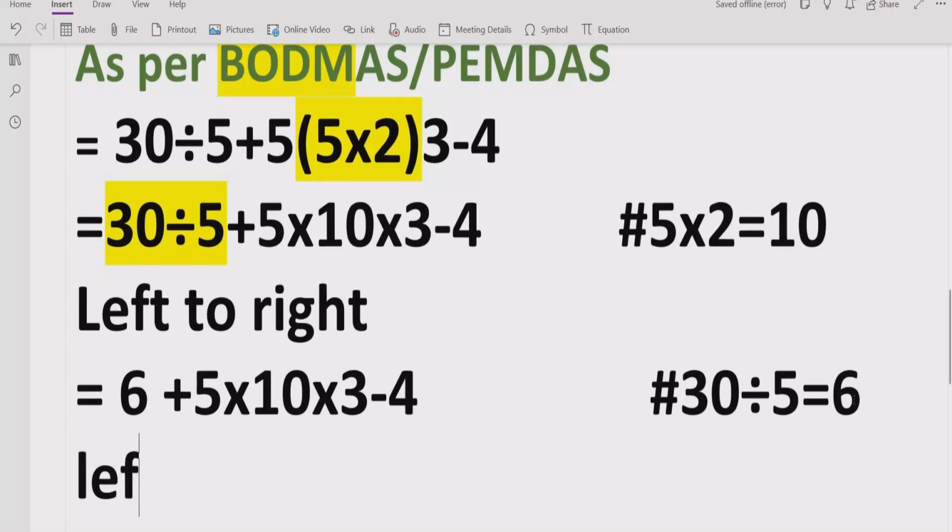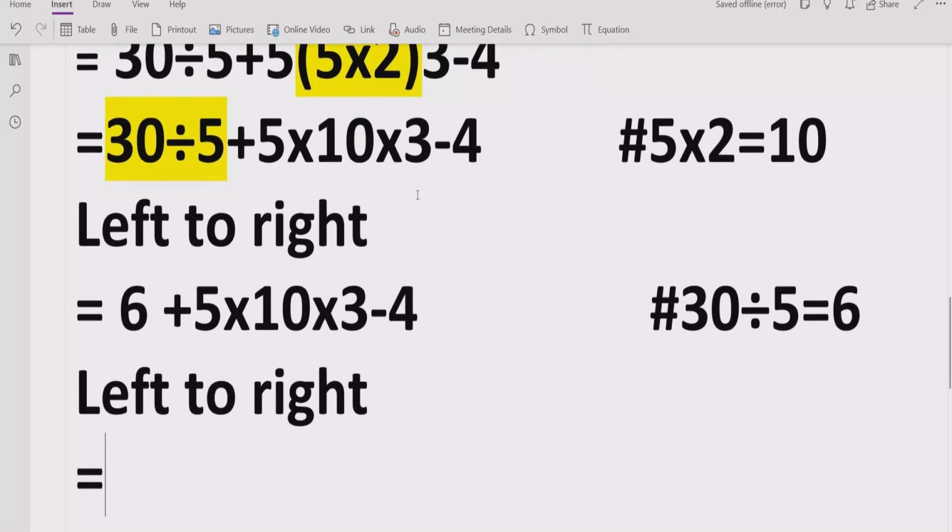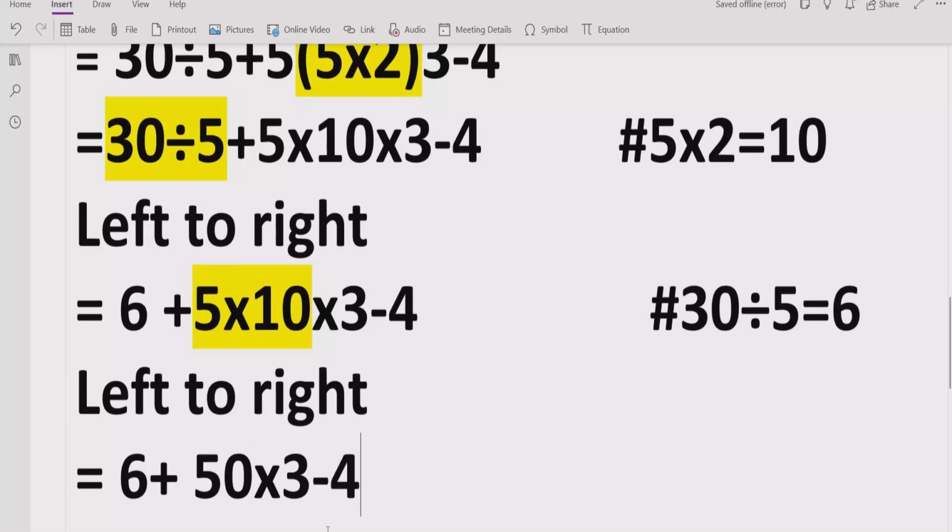Now we will go again from left to right and look for multiplication. Here we can see this part, so we can solve this multiplication: 5 multiplied by 10 equals 50. Multiplied by 3 we will write as it is, minus 4, and we write this part as it is.